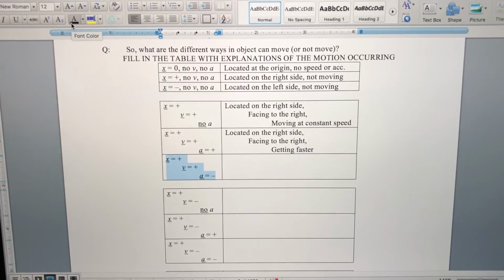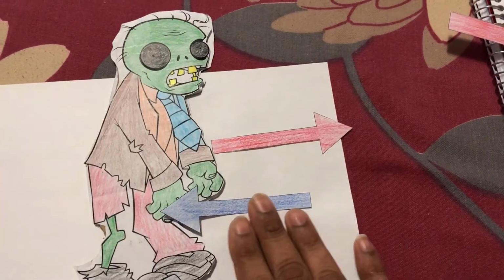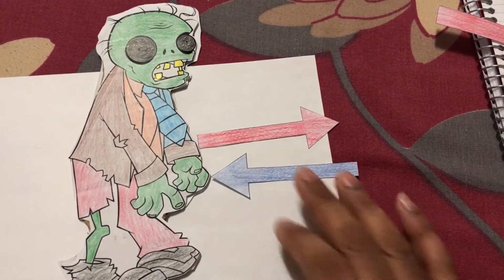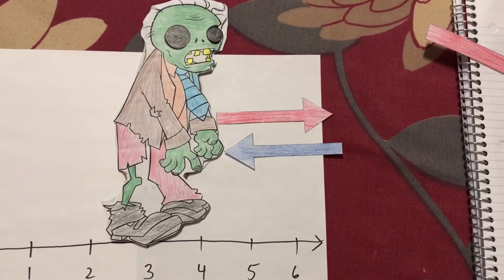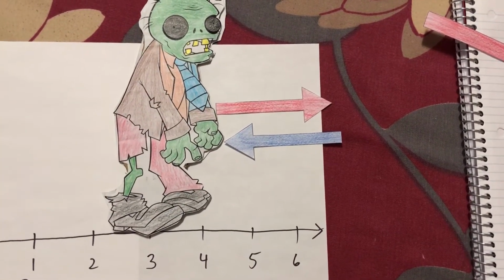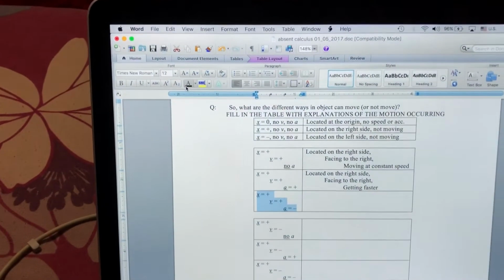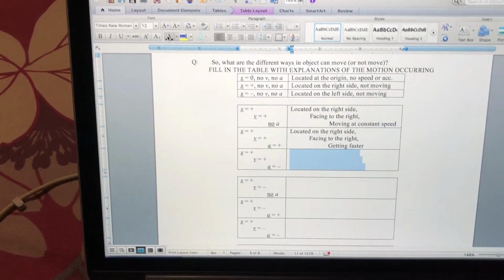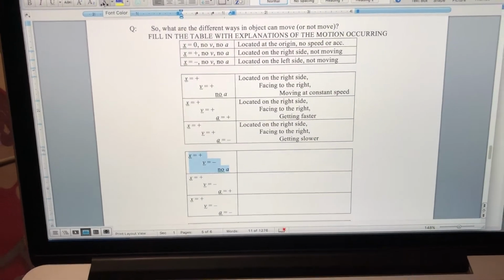Next one though, if the acceleration was negative, I'm going to move the arrow over to the other direction. Now in this case, the acceleration is not helping out the zombie, so it's going to get slower.